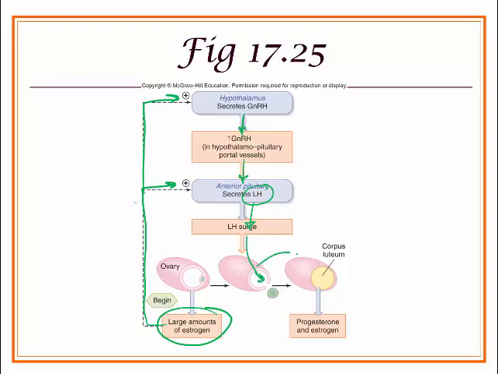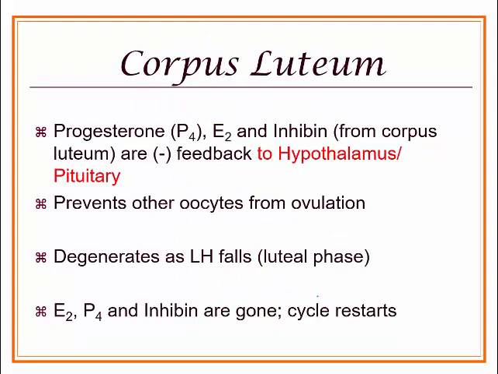After ovulation, the follicle becomes the corpus luteum. The corpus luteum is going to secrete both progesterone and estrogen. So the corpus luteum is going to begin the luteal phase, which is days 14 to 28. Progesterone is often written as P4.